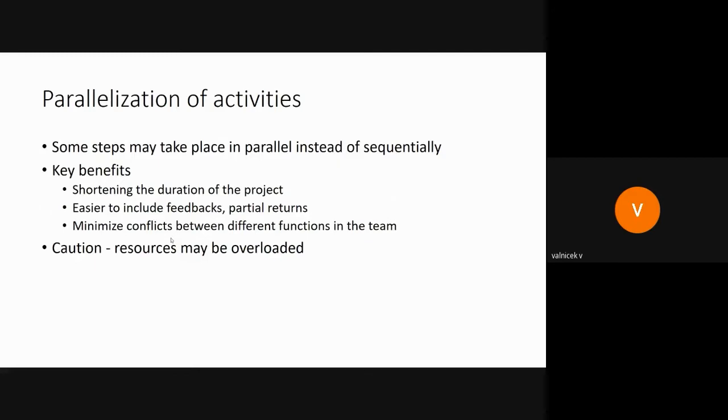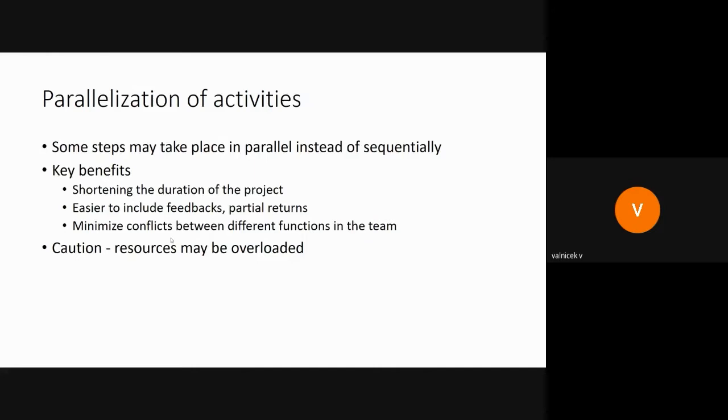Parallelization of activities. It's really simple. Some steps may take place in parallel instead of sequentially. The key benefit is shortening the duration of the project. It's easier to include feedback and partial returns, and to minimize conflicts between different functions in the team.